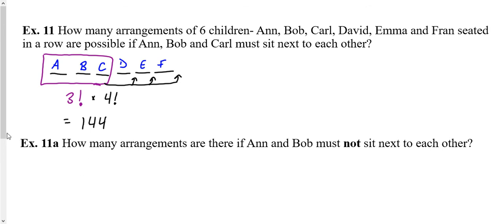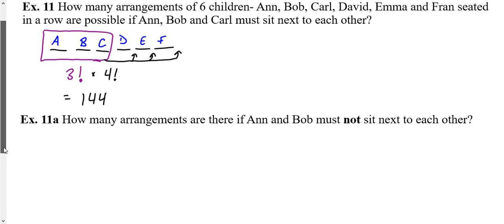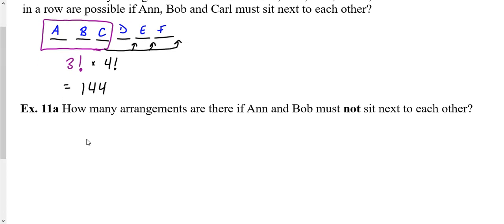In 11a, this is a continuation of number 11. How many arrangements are there if Anne and Bob must not sit next to each other? So this one here, I'm going to put a star next to this question because this is one of these ones where they must not sit next to each other. The way that I tackle this question, and there's multiple ways to do this, is I do no restrictions minus the together.